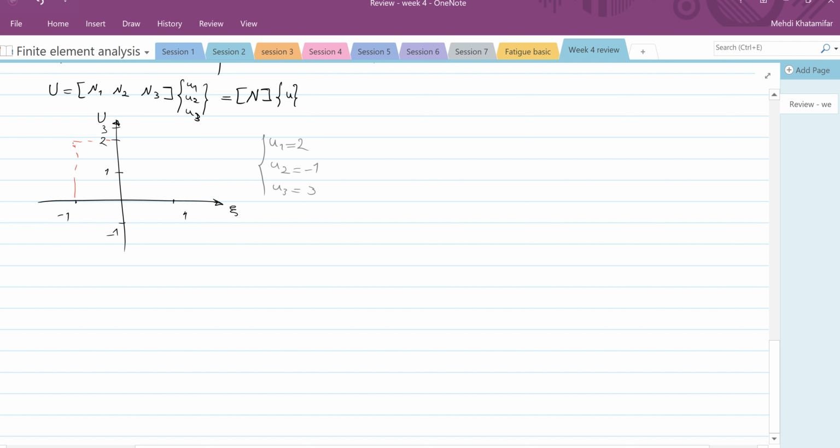So this is 2. For the middle one it is -1. For the right side it is 3. So it is going to be something like this.